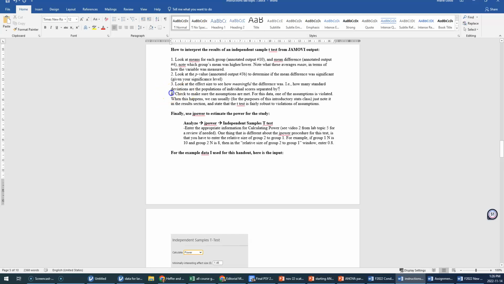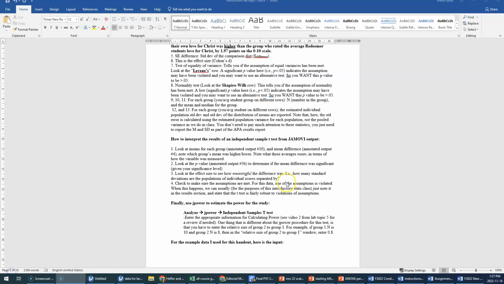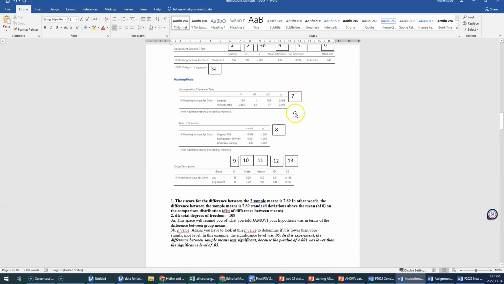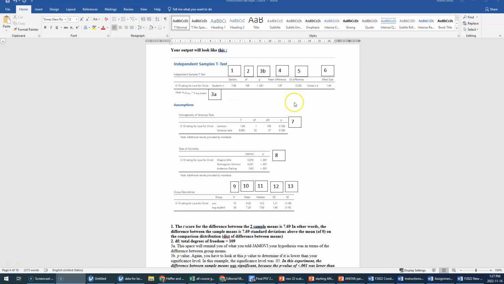So the final thing we want to do is check to make sure the assumptions are met. Where do we find this on the output? We find the assumptions right here. The annotations give a very detailed description of how to interpret this. This is the same as we've been seeing before, in broad strokes.